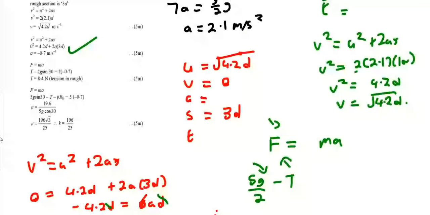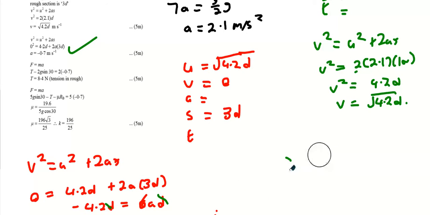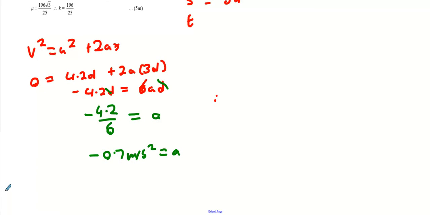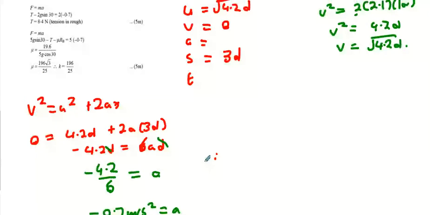Now, what we can say here is that for the tension in the rough section, sorry guys, if we look at the 2 kilogram particle now, because remember, if the strings are linked together, they have a common acceleration. So the deceleration of minus 0.7 is actually the same for the 2 kilogram particle.